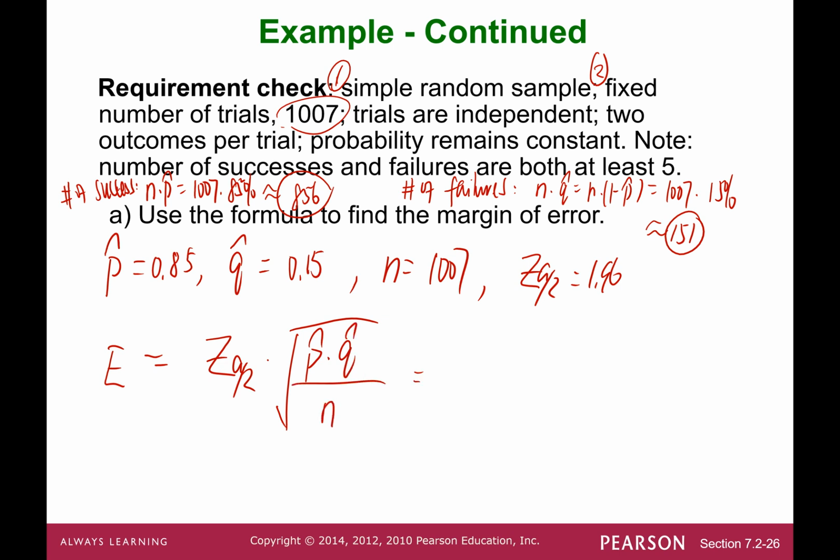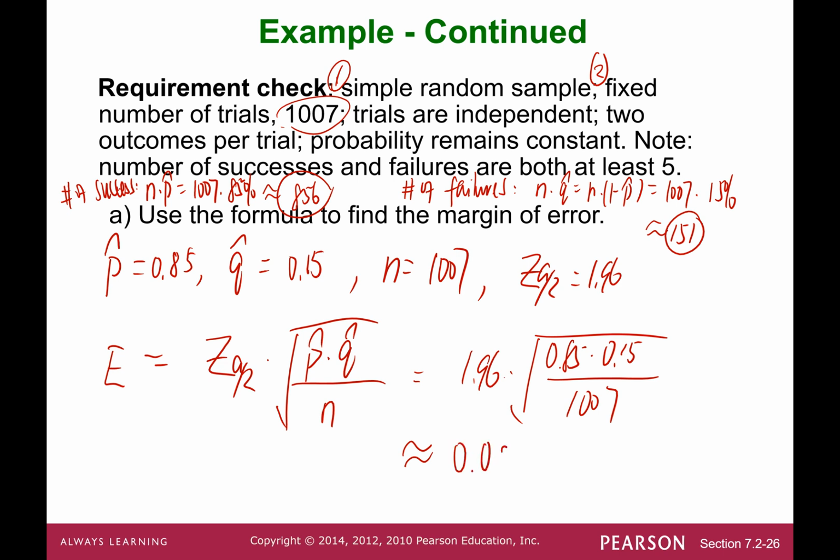So that's 1.96 times the square root of 0.85 times 0.15 divided by 1007. You definitely have to use the calculator and round the result to 3 decimal places. It turned out to be 0.022. That's the margin of error.